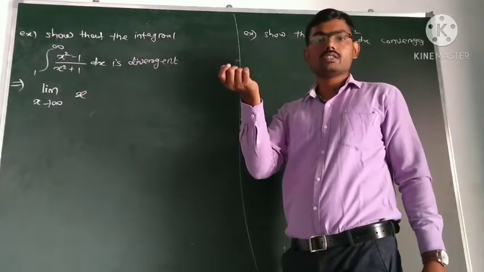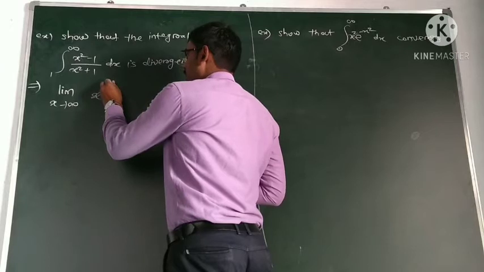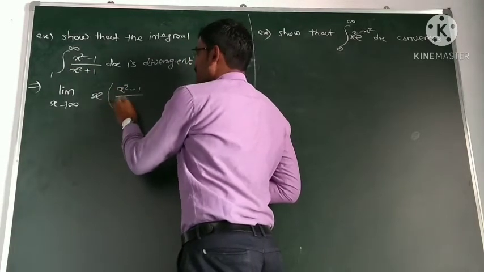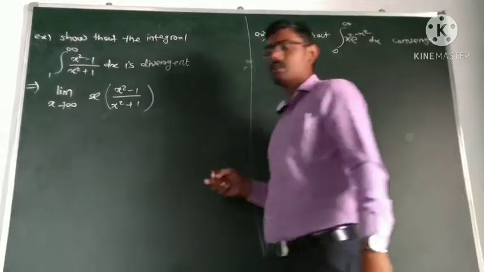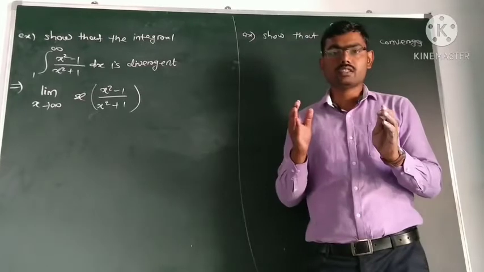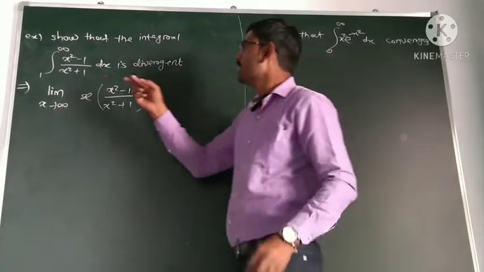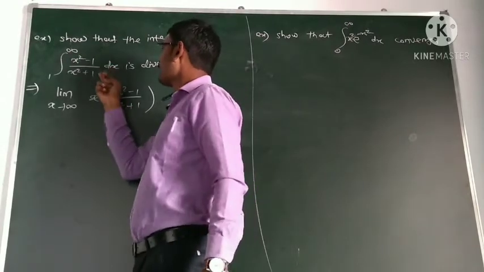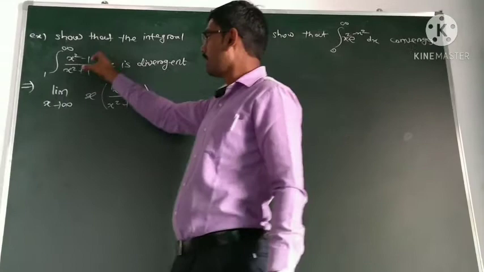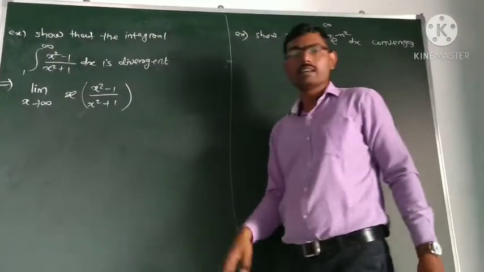So x to the power 1 is x, into f of x. What is f of x? It is x square minus 1 upon x square plus 1. But before that, the criterion of the limit test is that the function must be continuous on the given interval. Here the function x square minus 1 upon x square plus 1 is continuous from 1 to infinity. There is no singular point. So we can apply the limit test.